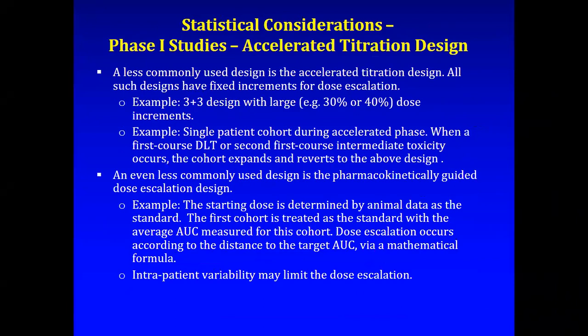The accelerated titration design, which Mansoor also mentioned, is really a modified 3+3 design. The primary difference is that it allows for very large dose increments. So instead of allowing for, I'm just throwing this number out, a 5 or 10% increase in the dose, it may allow for a 30 or 40% increase, with the thought being that the lowest dose is almost certainly not going to be effective in the patient, but that it still needs to be tested regardless.